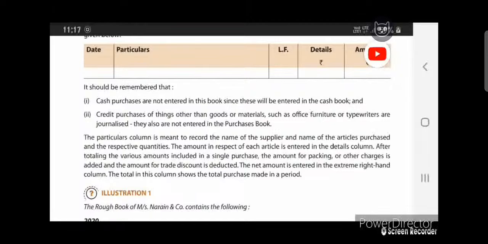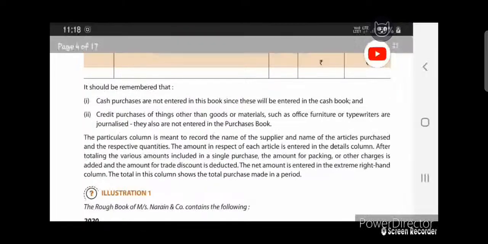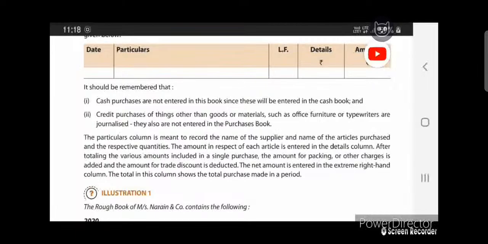So the net amount should be entered in the extreme right hand column, and the total of these columns will tell you the total purchases you have made in a period.